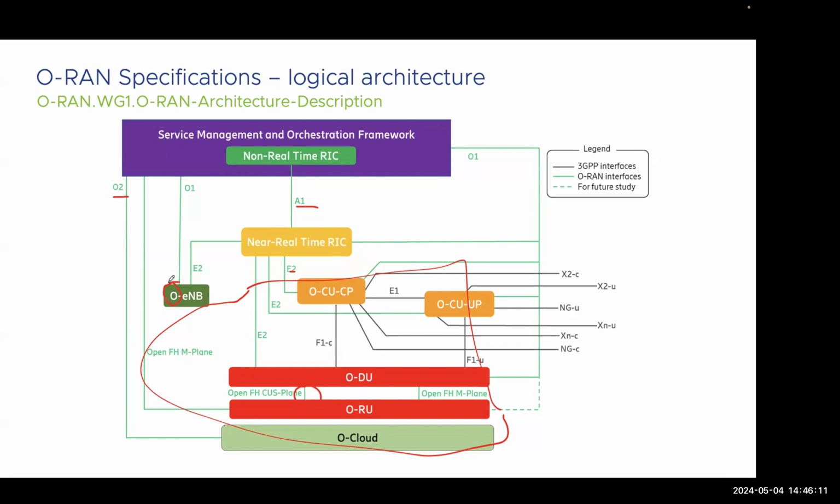In the 4G, there is no split between DU and CU because the 3GPP release 14 functional split was mainly for 5G, not for 4G specifically. So to simplify things and not reinvent the wheel for existing 4G, we keep it as E node B. For 5G, the G node B, instead of saying OG node B, we say ODU, ORU, OCU. That's it.